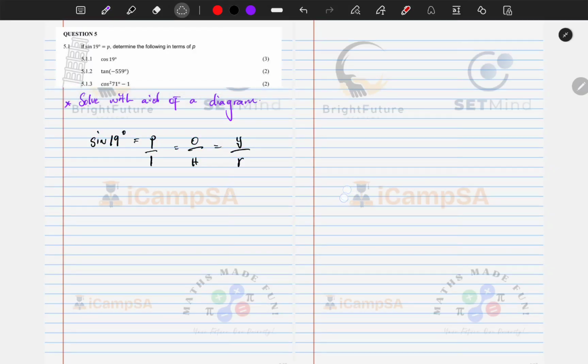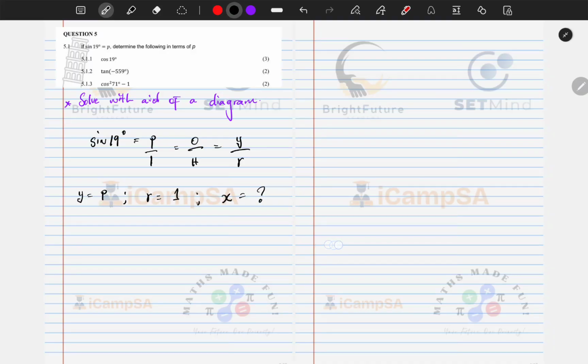So basically it means that our y is equal to p, and then our r is equal to 1. And then we need x.